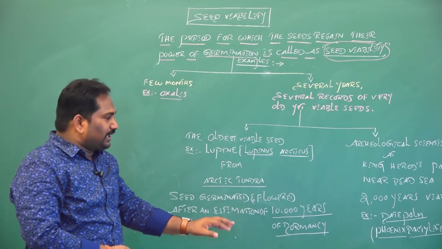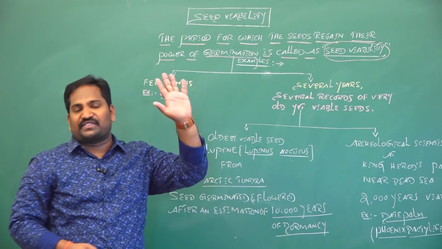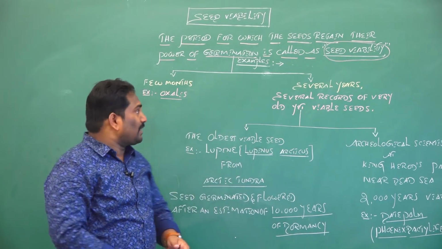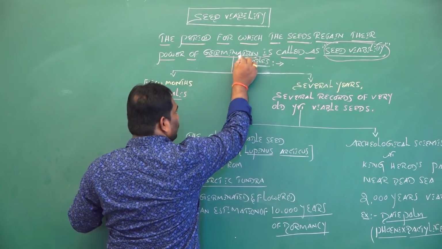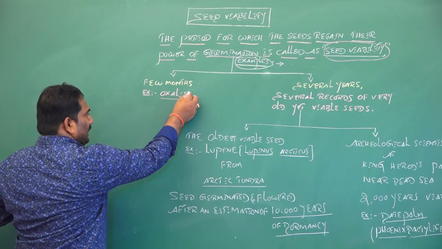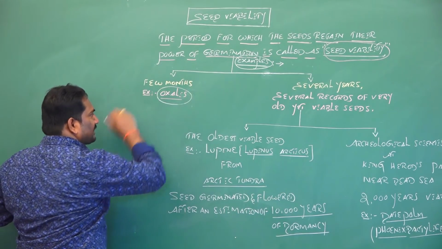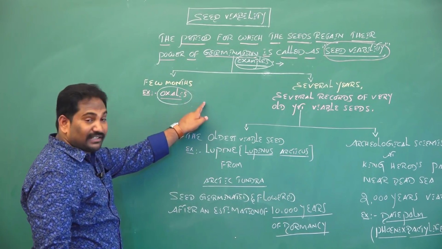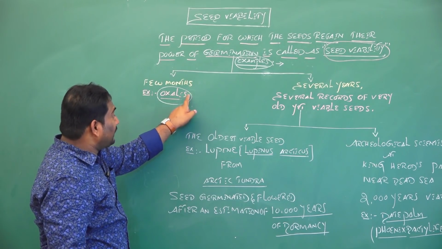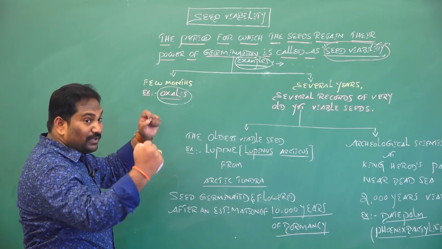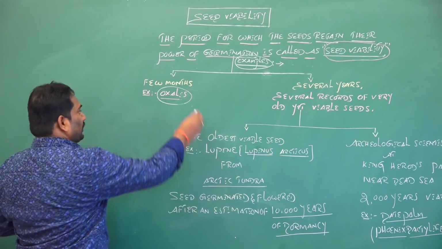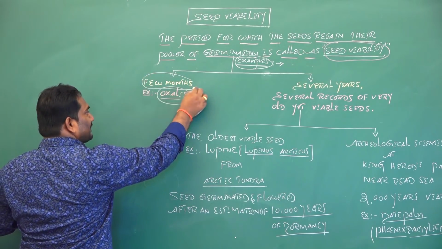Seed viability is not constant for all species of plants. It varies from one plant species to another. Some examples I would like to discuss here. For example, the plant oxalis produces seeds. After formation, these seeds retain their viability, or power of germination, for a few months.